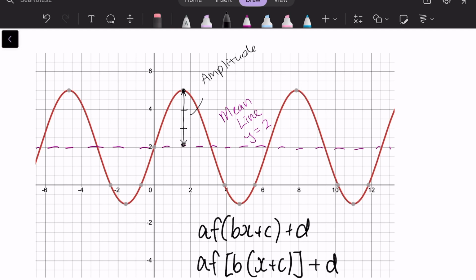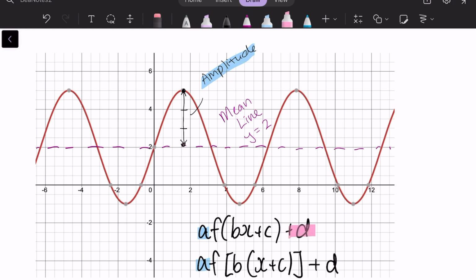Those were the two general equations that you could have for any function. The amplitude is determined by the letter A in both functions. So if A was 5, then the height from the mean line to the peak would be 5.